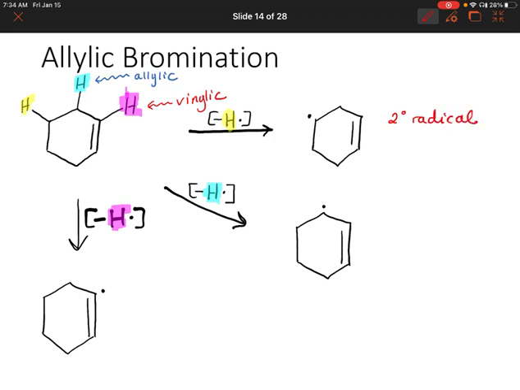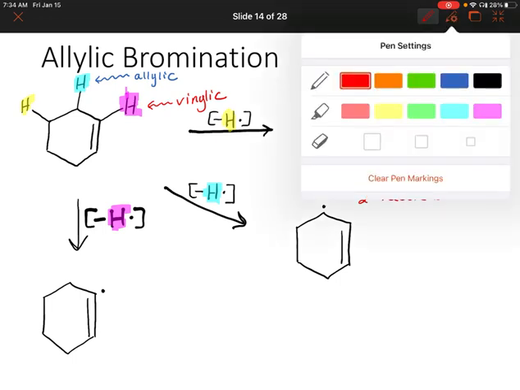Okay, what type of radical is the next one down below? So that's also a secondary radical, but notice that it is next to a single bond, which is next to a double bond. So we can have a resonance structure here.